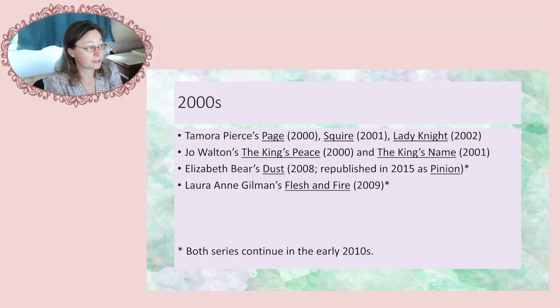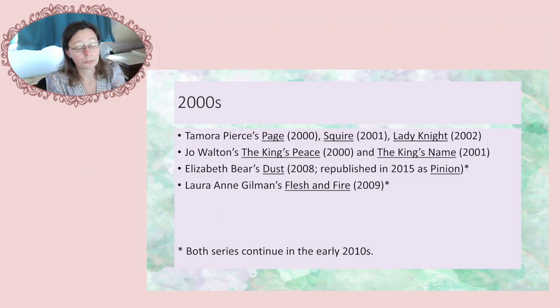We also have Elizabeth Bear's Dust, which was republished in 2015 as Pinion, as well as Laura Ann Gilman's Flesh and Fire, which was published in 2009. Both these series continue publishing in the 2010s. So we could put those books on the 2010s.